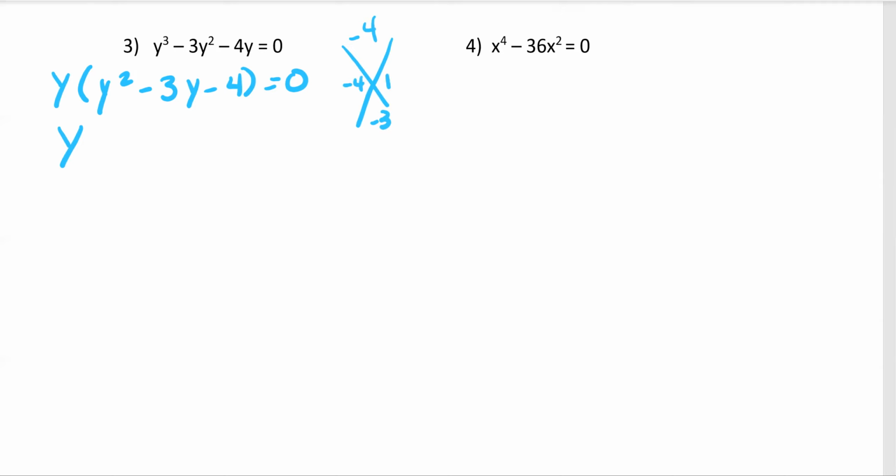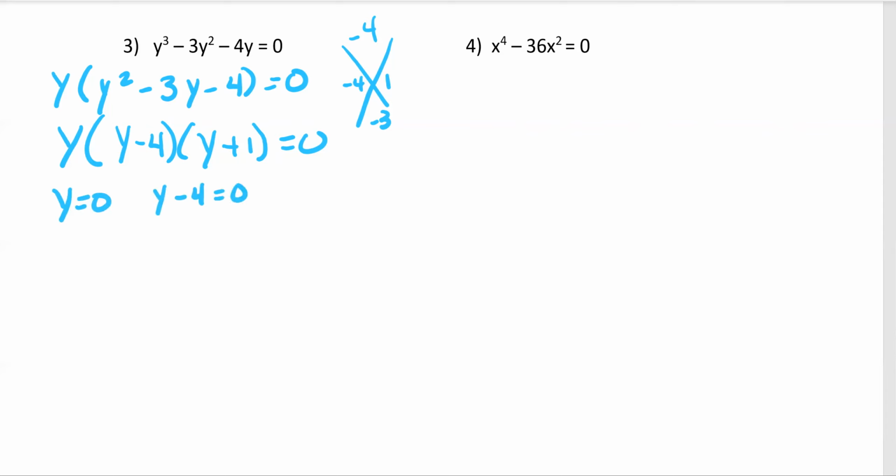Negative 4 plus 1 is negative 3. And this time we have to set y equal to 0, as well as y minus 4 equals 0, and y plus 1 equals 0. So our 3 answers will be 0, 4, and negative 1.